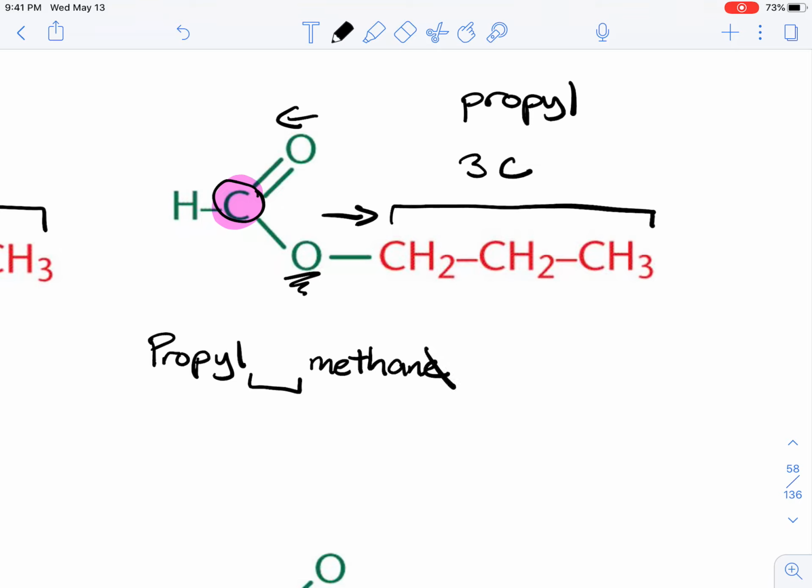So I'm going to drop that E and add oate. And so this is going to be my final answer, propyl methanoate.